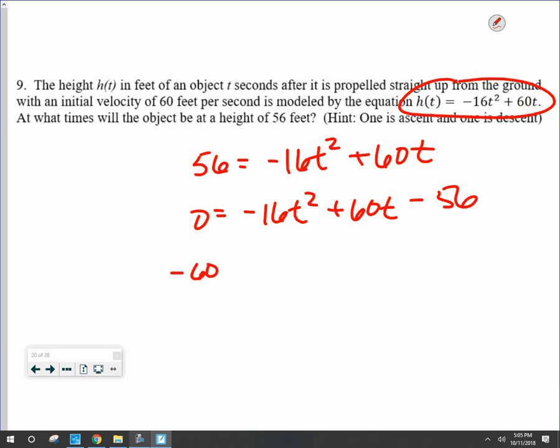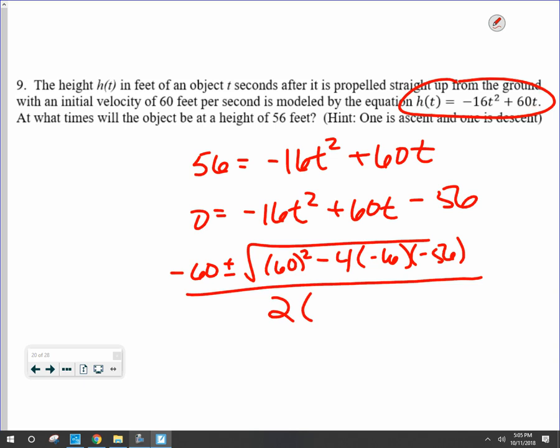So negative b plus and minus the square root of b squared minus 4ac, all over 2a. Again, the hard part about this is finding the discriminant. You end up getting 16 under the square root.